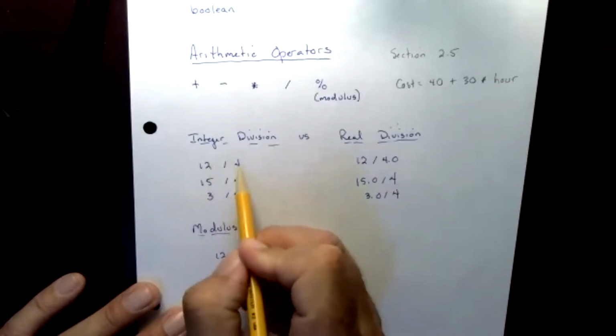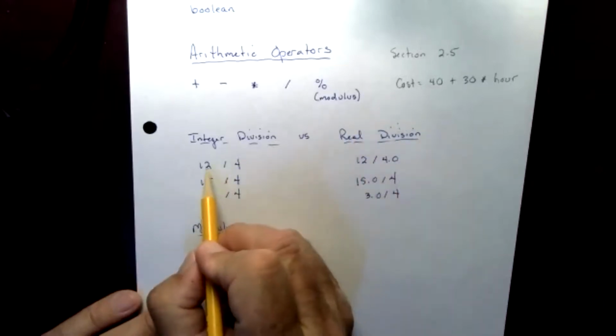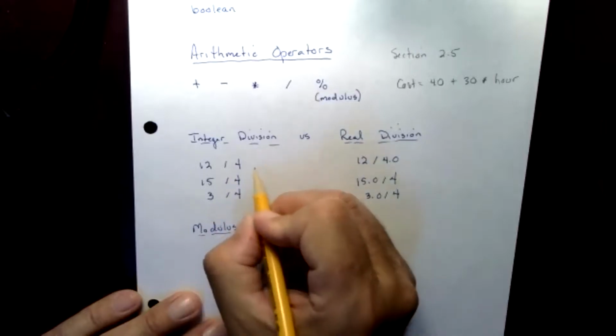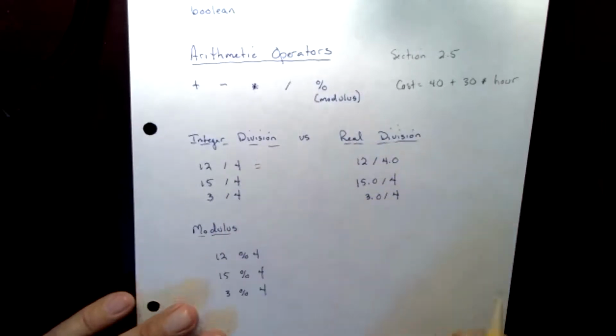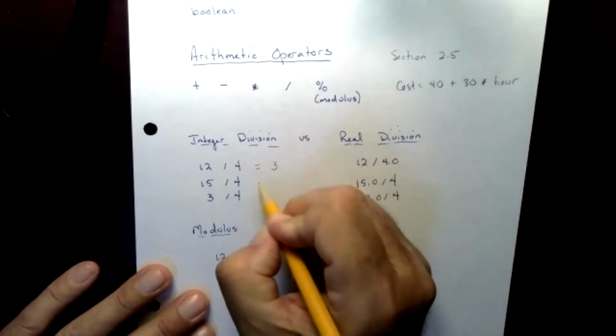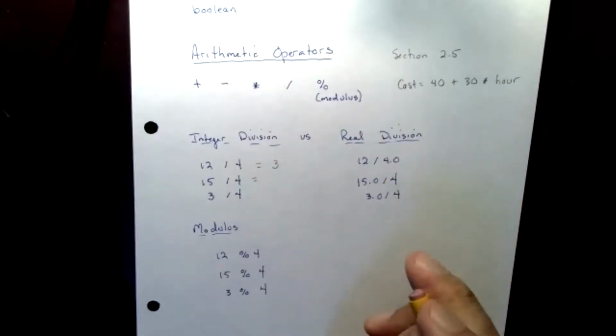Integer, and the 4 is an integer. So when the computer sees an integer divided by an integer, my answer is going to be an integer. What's 12 divided by 4? 3. Good. What is 15 divided by 4?